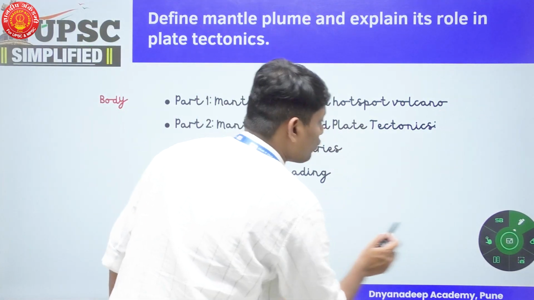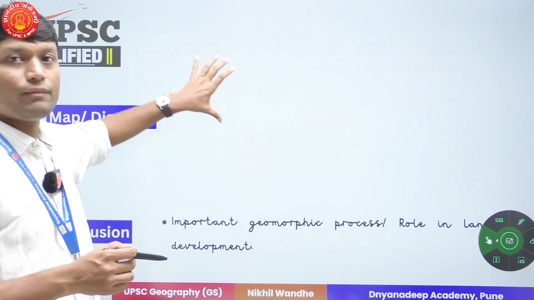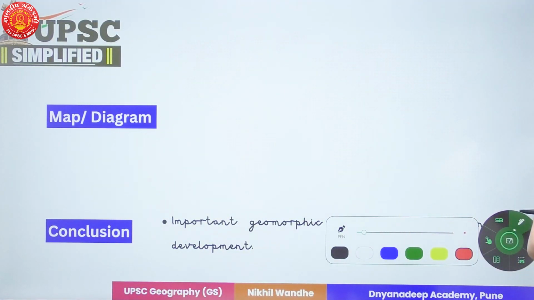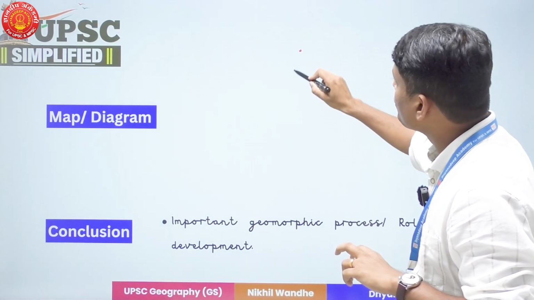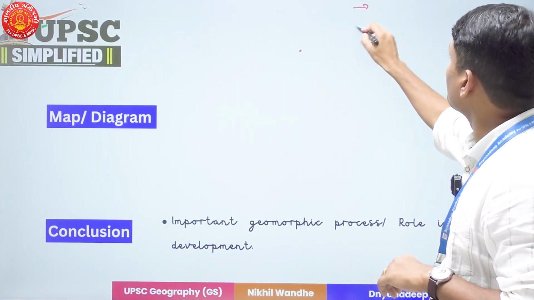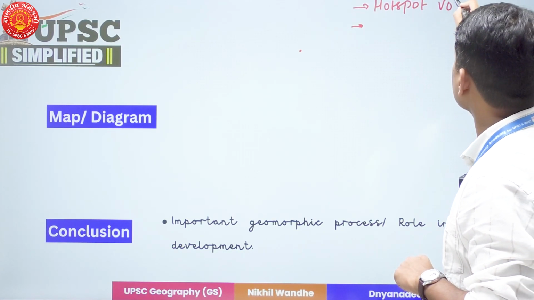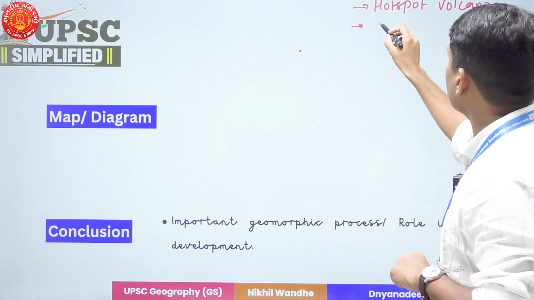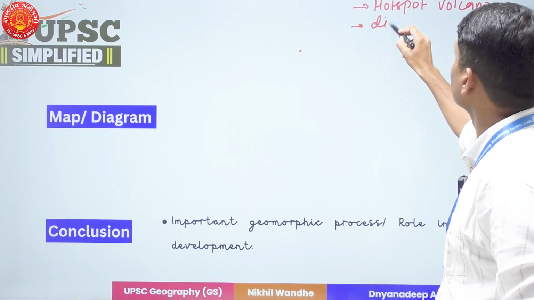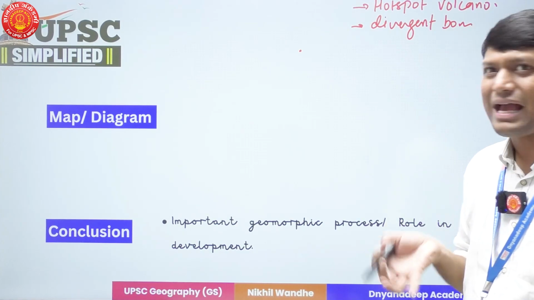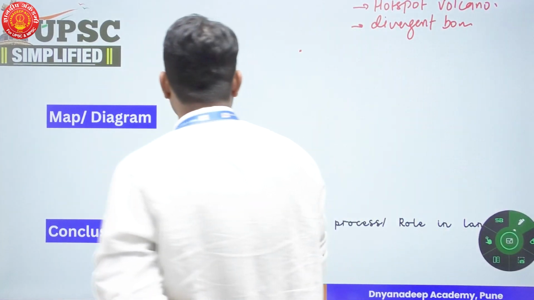Now, you also have to do one more thing. You have to show it on a map. I think this map is in a faded form. So, on a map, show two things: one, hotspot volcanoes, and another, divergent boundaries. It may happen that you do not know many divergent boundaries.